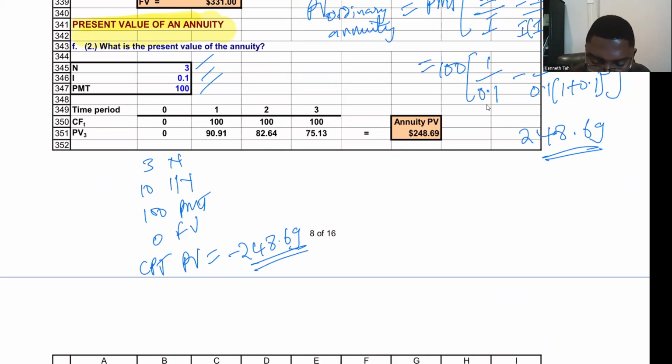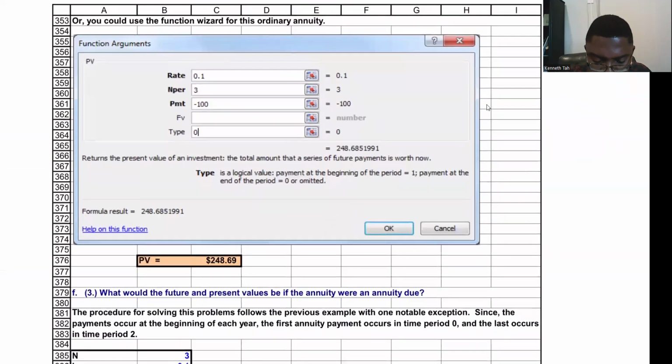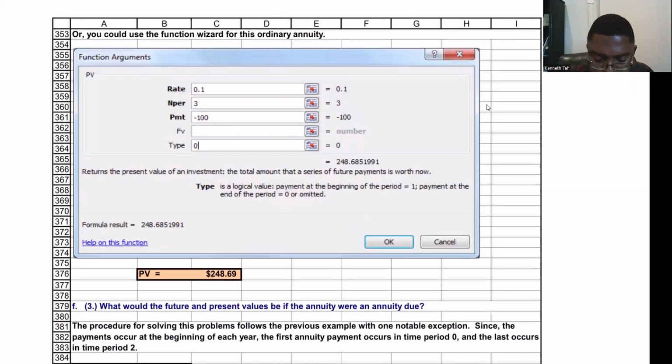All right, and we can do the same problem using Excel. With Excel, we press equal present value. It will ask for the rate, which we type as 0.10.